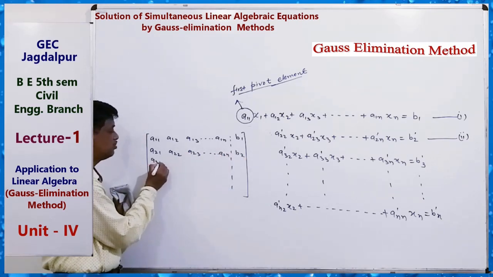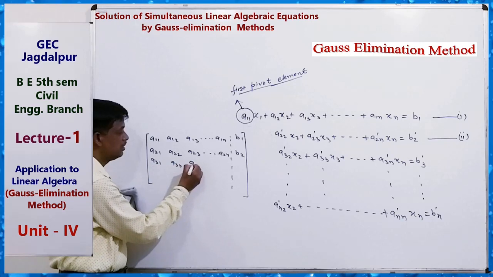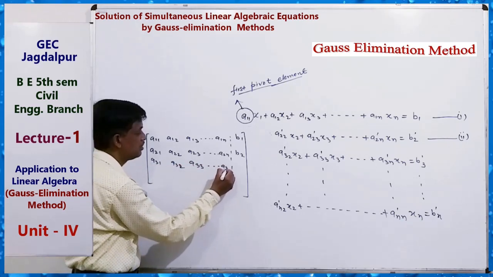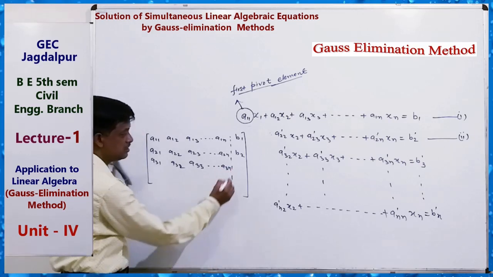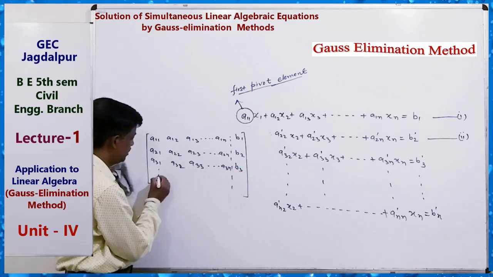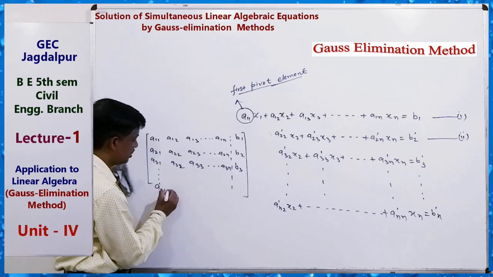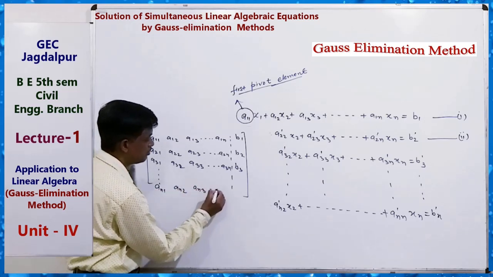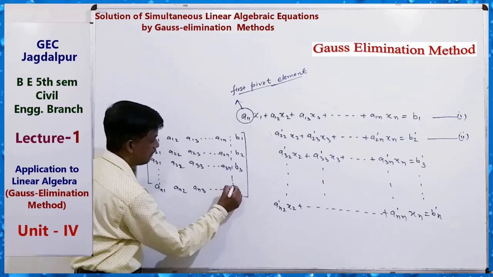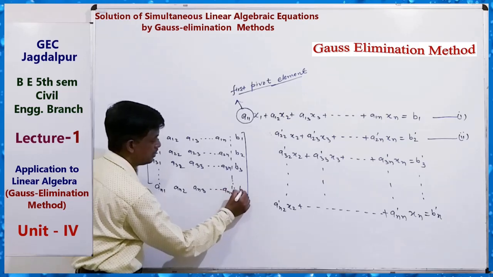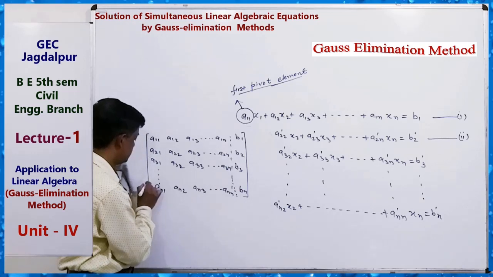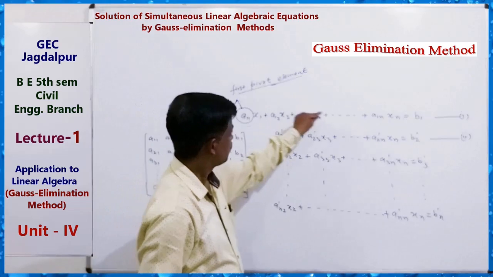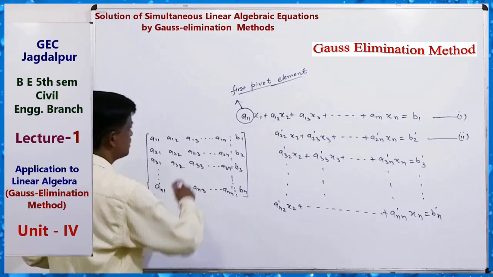Similarly, A31, A32, A33 up to A3n, and this is B3. Similarly, AN1, AN2, AN3 up to ANN, and this is Bn. We can write its coefficient matrix like this.